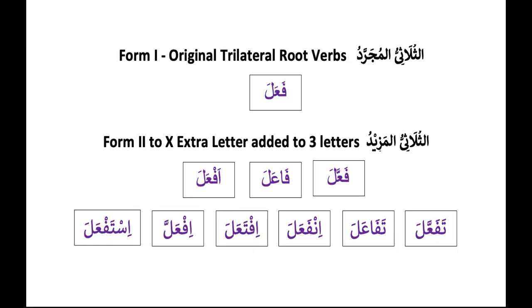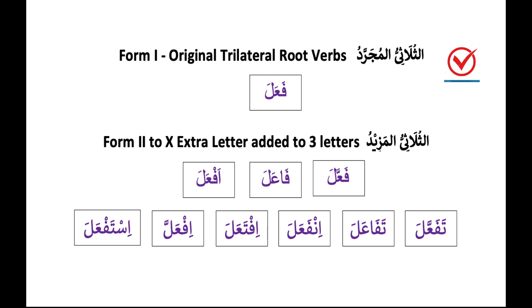In module 1, we have learned form 1 verb, which is trilateral verb like fa'ala, fataha, qatala, kafara, and so on. These trilateral root verbs are called as-thulathiyul mujarrad. As-thulathiyu means 3 and al-mujarrad means original.